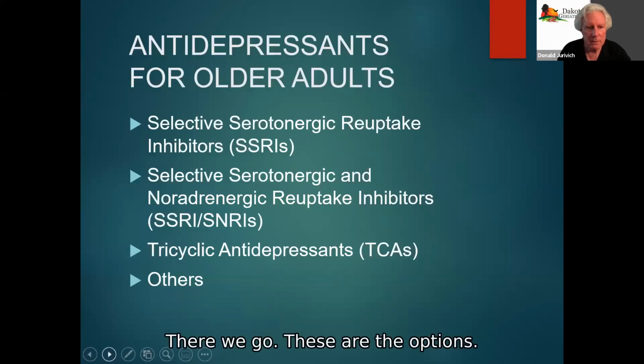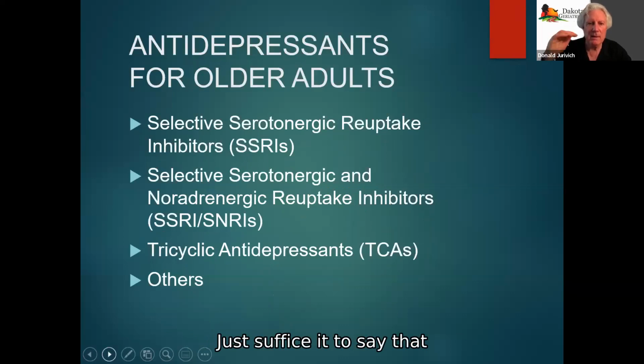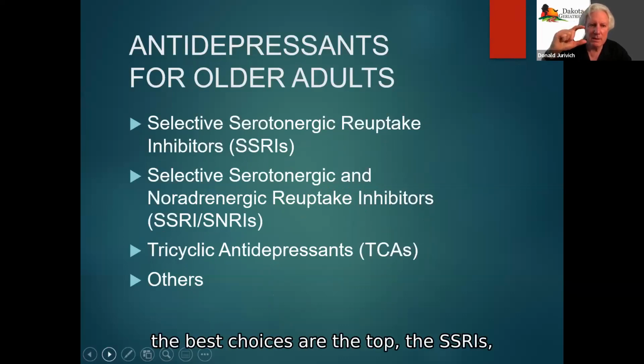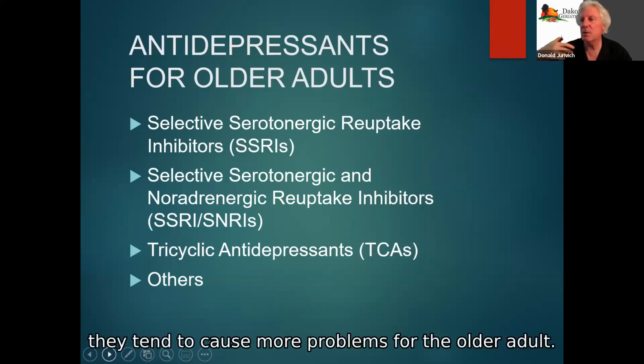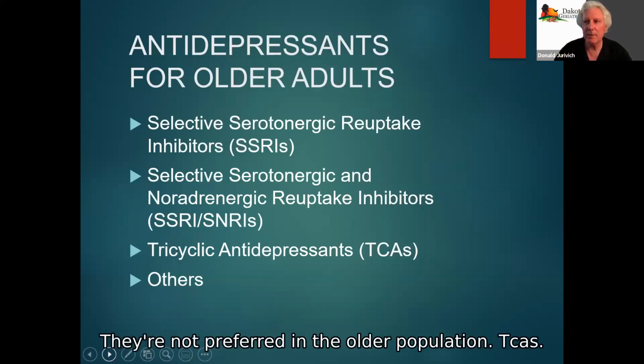Okay, so there we go. These are the options. Just suffice it to say that the best choices are at the top, the SSRIs. The SNRIs are activating, and they tend to cause more problems for the older adult. They're not preferred in the older population.